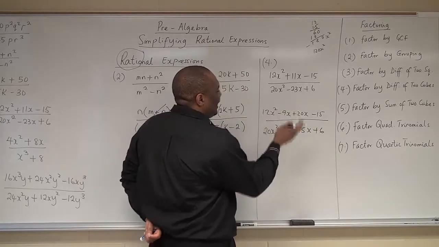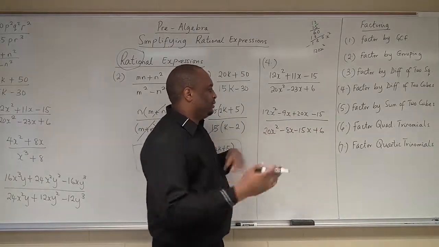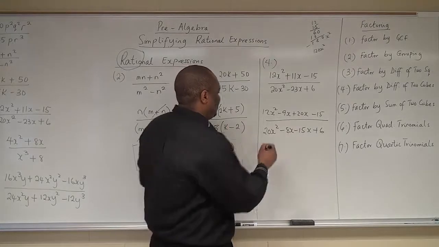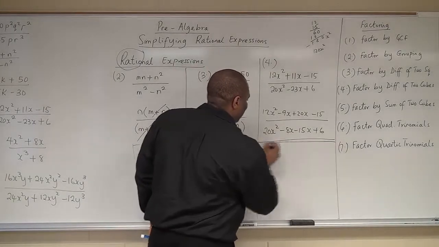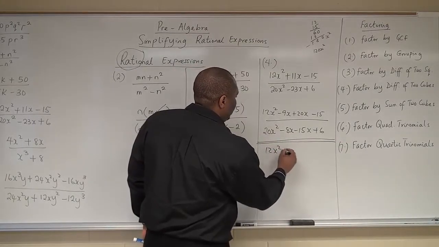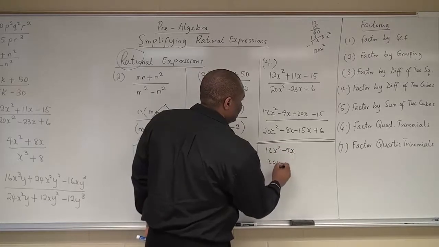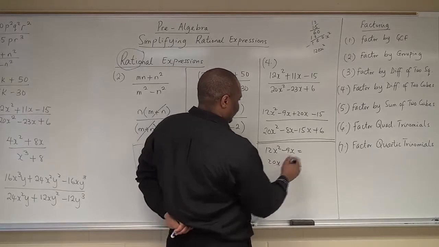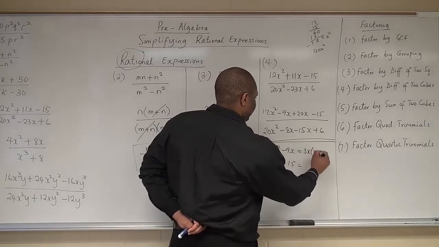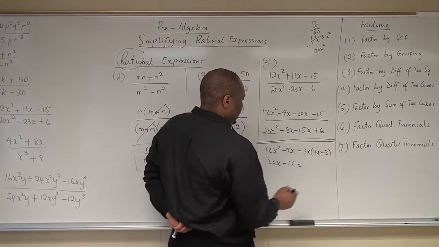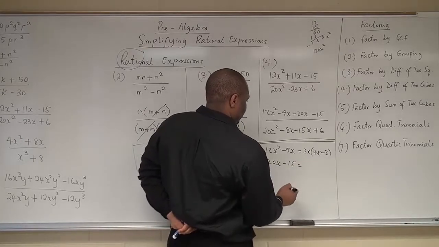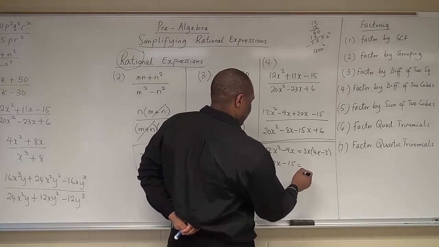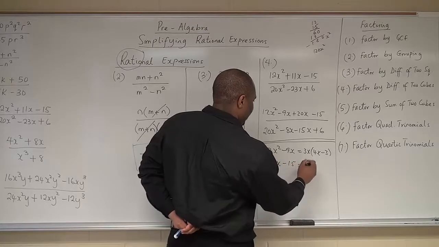Okay, so we factor, you can factor horizontally or vertically, that's not a problem. I like doing my vertical: 12x squared minus 9x, 20x minus 15. What will come out here is 3x, so this is 4x minus 3. And this is 5.